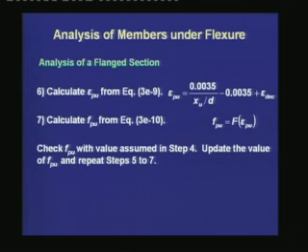Now, earlier we had used the FPU to calculate APF and APW, and now we have found another FPU, and we check whether this FPU is the same as the value assumed in step 4. If they are not the same, then we update the value of FPU and repeat steps 5 to 7.